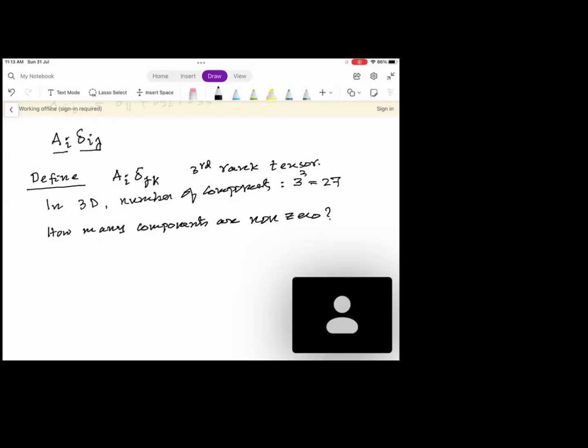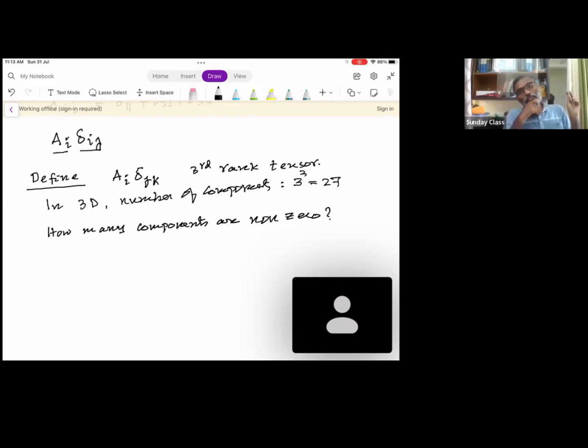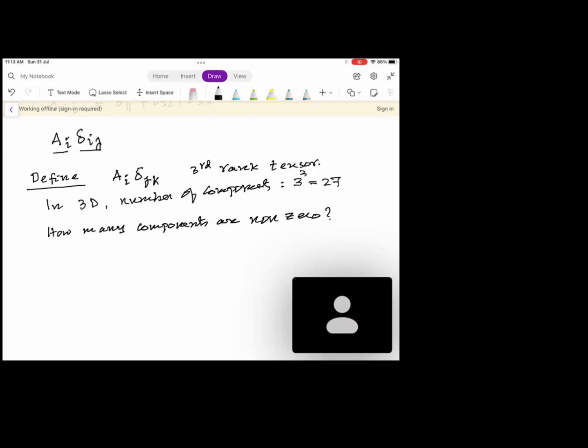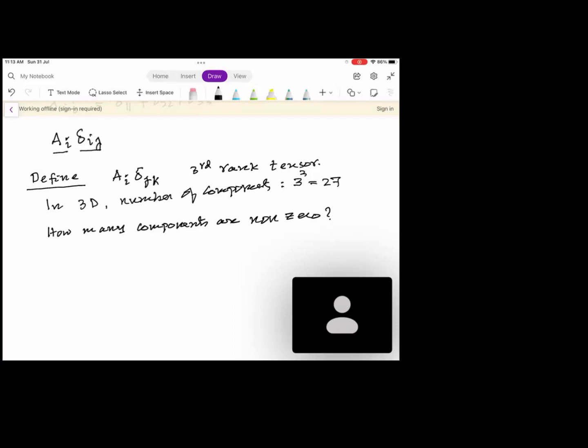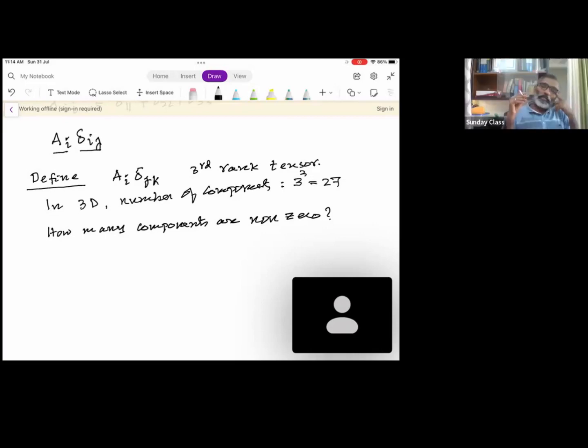So when J equals K equals I, that will be one non-zero component. So I equals J equals K, so there should be 3 such numbers. But why should I be equal to J or K? So Kronecker delta will be non-zero only if J is equal to K, right? Agreed, that is one value. How many such values will be there?